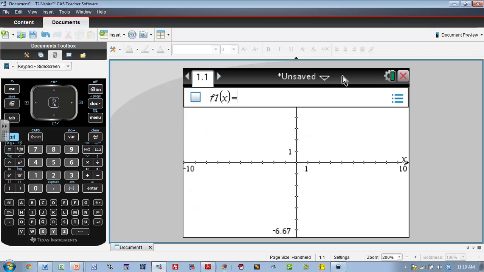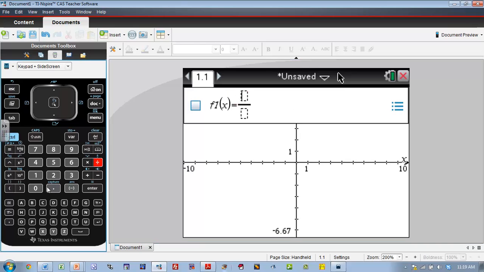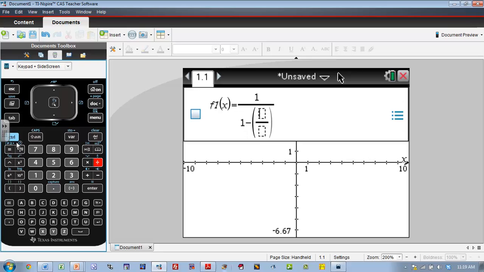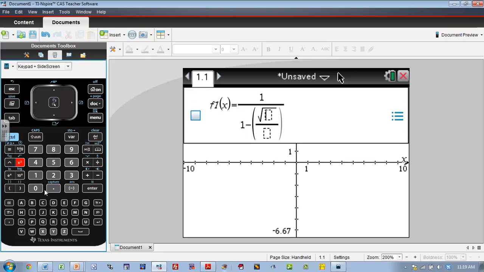where I am going to graph the function. Let's see, what was it? 1 over 1 minus the quantity, another fraction, and a square root of x over 2, minus 1.